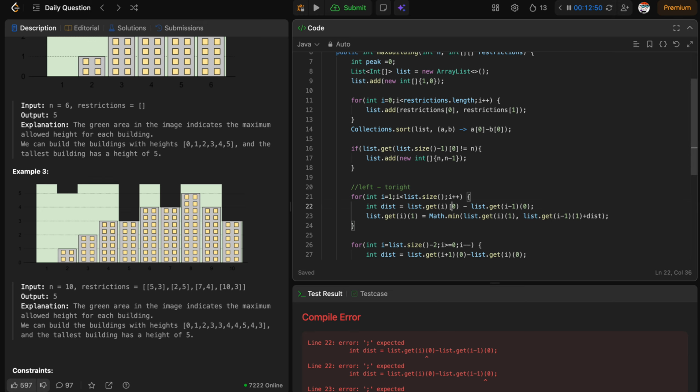Okay, it should not say. It takes time. That's a hard problem, so it will take time approximately.